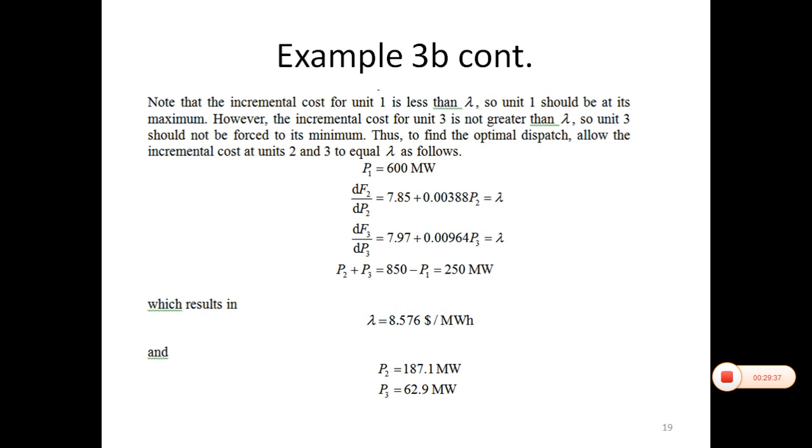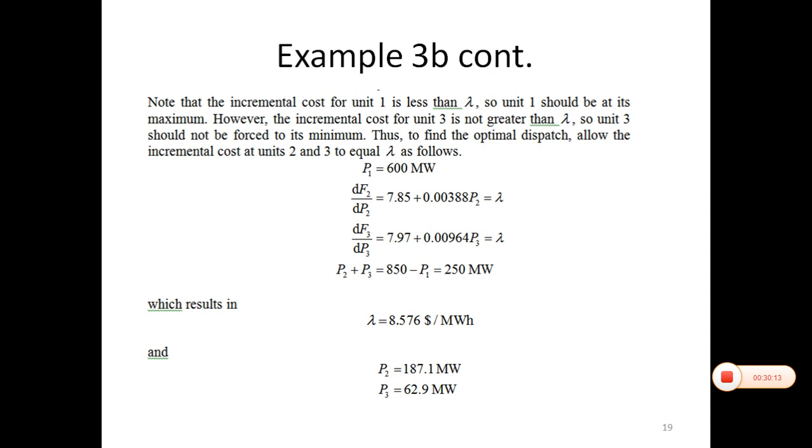So if it is not satisfying, we cannot force unit 3 to be at its minimum value. So we resolve it again by only putting unit 1 at its maximum limit, which is 600 megawatt, because it was satisfying the solution, but unit 3 was not. The other two should be at neither their upper nor lower limits.